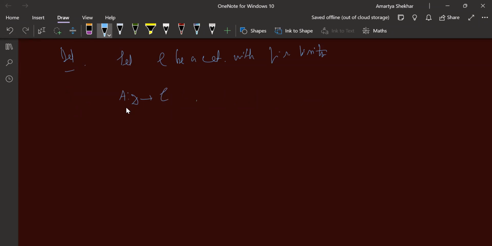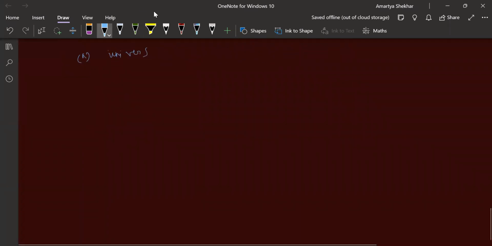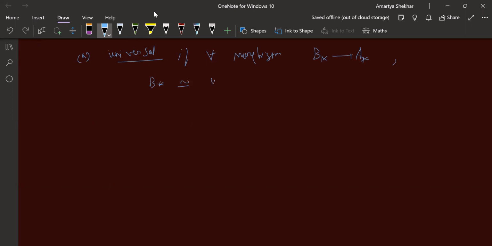Right. So the colimit is said to be universal if for all morphisms from another colimit, it should have the following property. Okay.